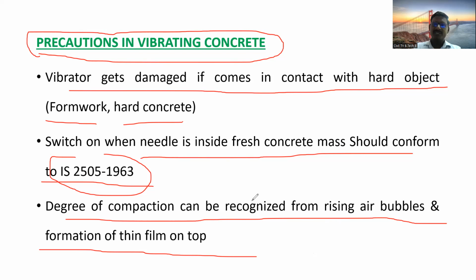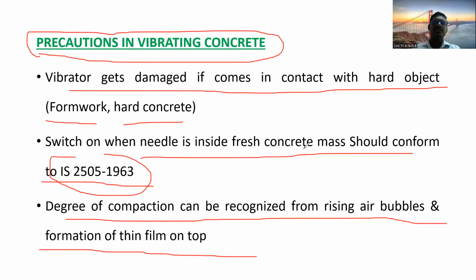It means this process should not continue for half an hour. You have to just insert, give the vibrations, and then immediately remove the vibrator so that the slurry and your aggregate do not get separated. Excess vibration can cause segregation of your concrete.